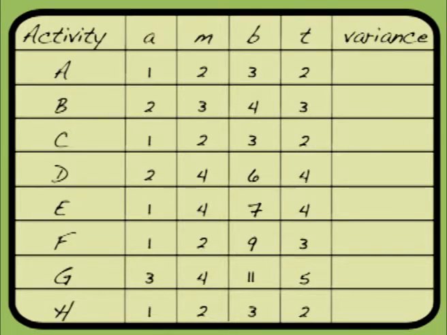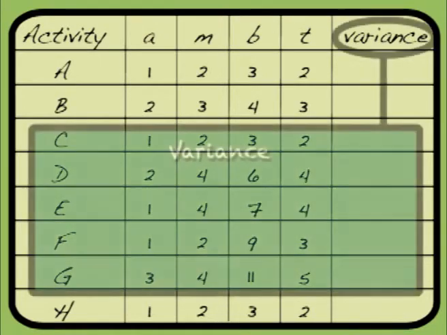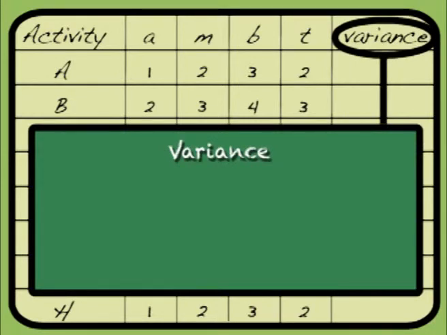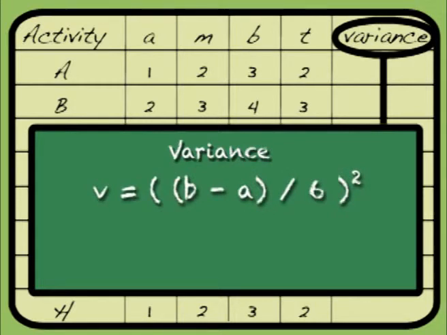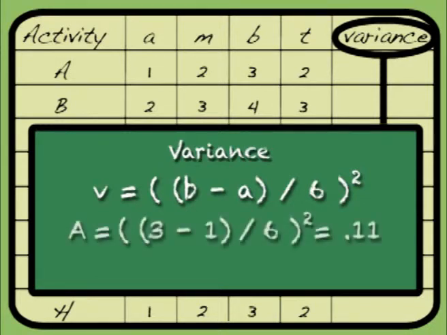We need some other information though. We want to know what the variance of each activity is going to be. We have a formula for the variance that we can use. The formula is the pessimistic time minus the optimistic time divided by 6, and then we're going to square that. So if we just do activities A and B, we can see that the pessimistic time of 3 minus the optimistic time of 1 divided by 6, so 2 divided by 6 squared, is going to equal 0.11.